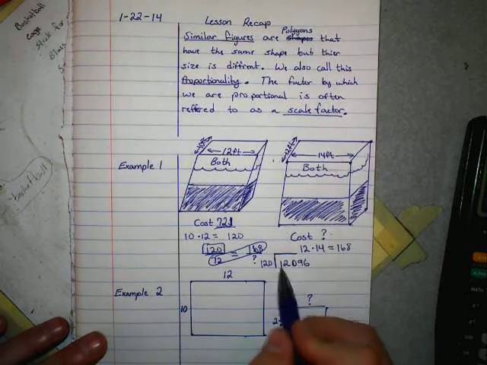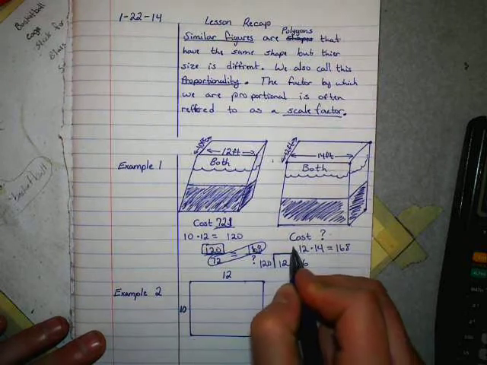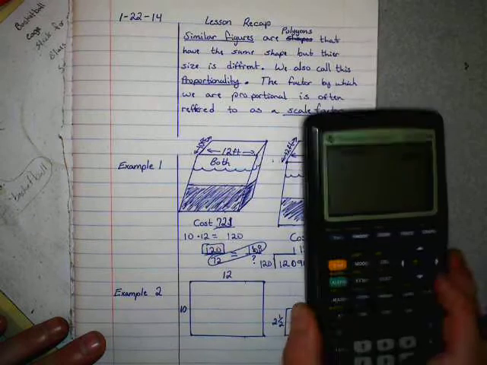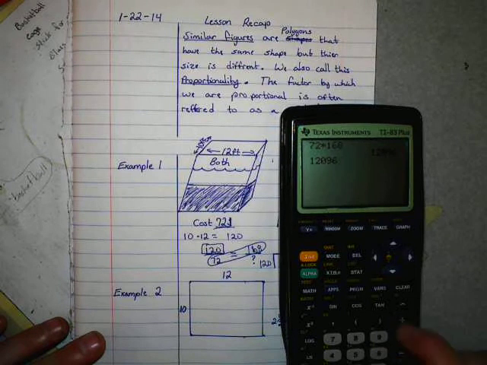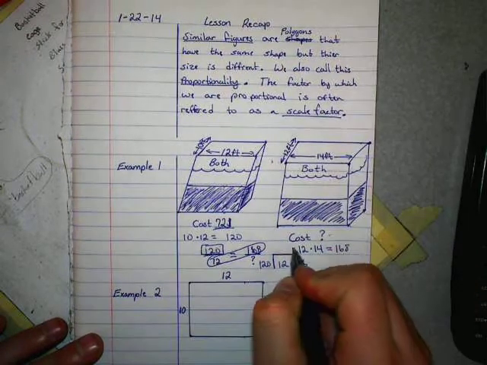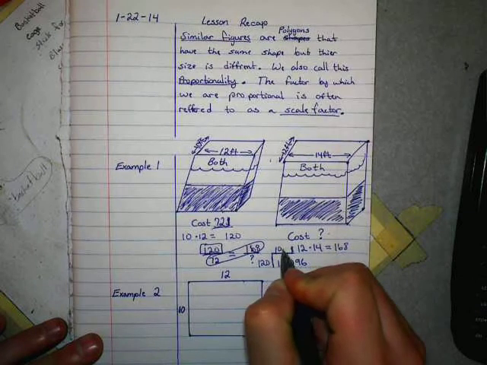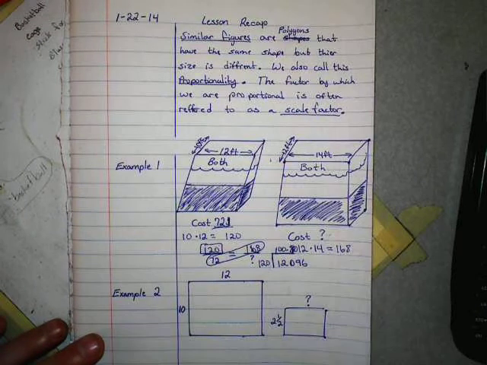We can see this part real quick, that 120 is going to be 1 right there, but we'll use the calculator to go through it. 12,096 divided by 120 is $100.80. So I'm going to write my answer over here.